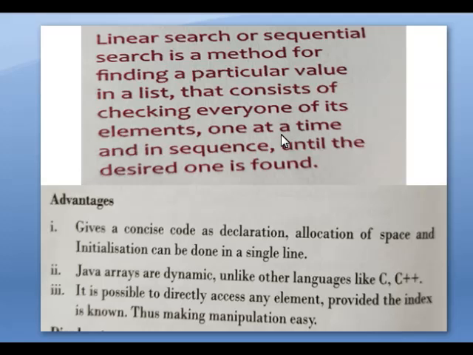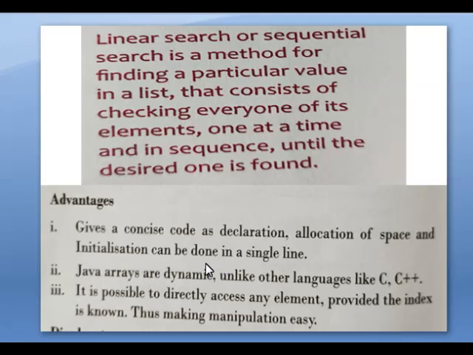So the advantages of this searching method. Then what are the advantages of arrays? That is, concise code: declaration, allocation of space and initialization can be done in a single line. Okay. So what is the advantage of an array?